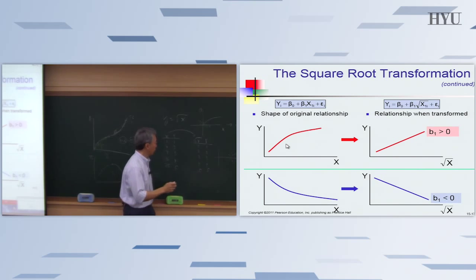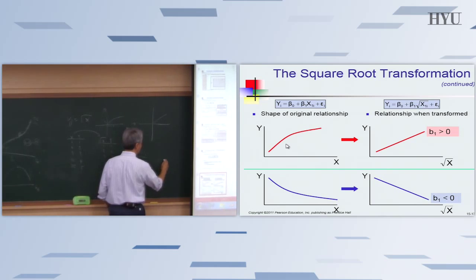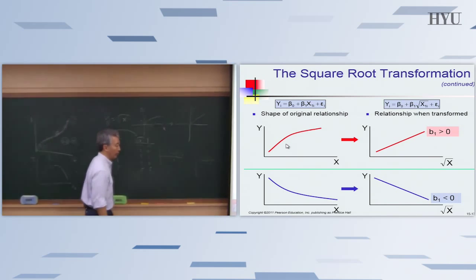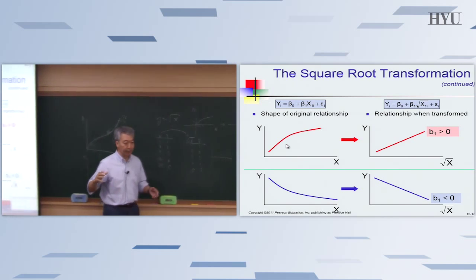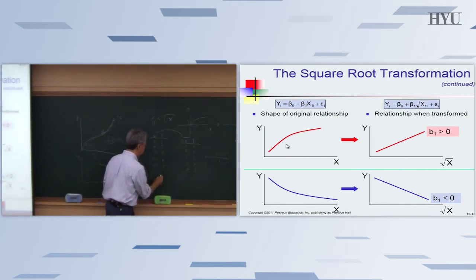When you take a square root, it can straighten this way, right? Because we are concentrating the size of the variable, right?